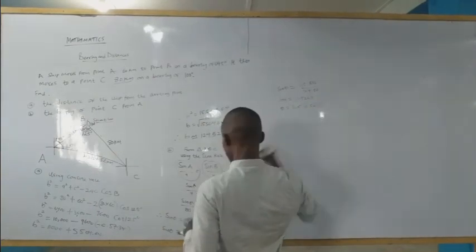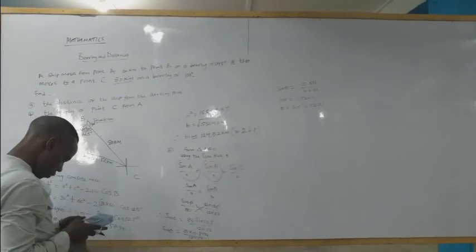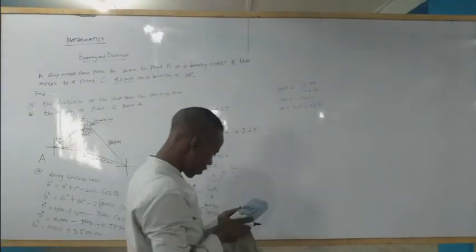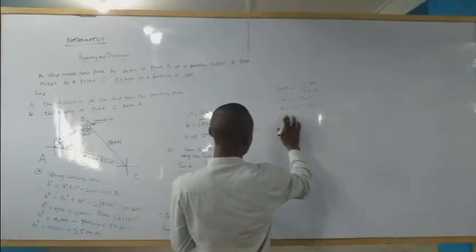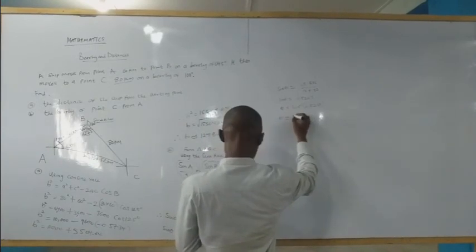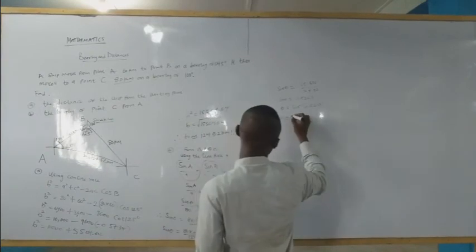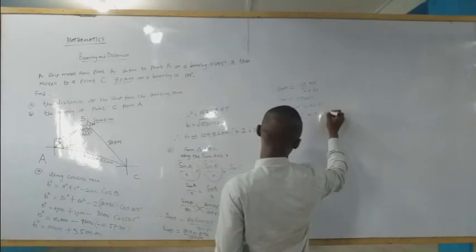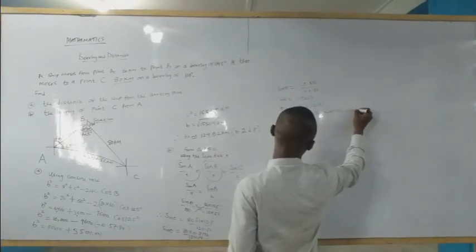What do we have here? Arc sine 0.5263. So theta is approximately equals to 32 degrees, 32 degrees to the nearest degree.